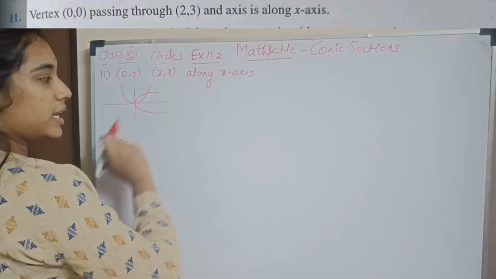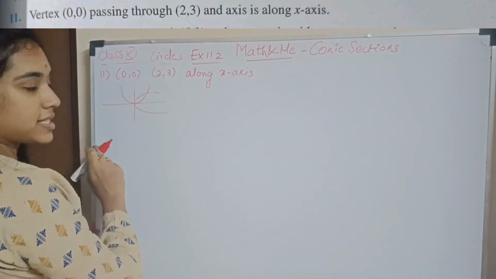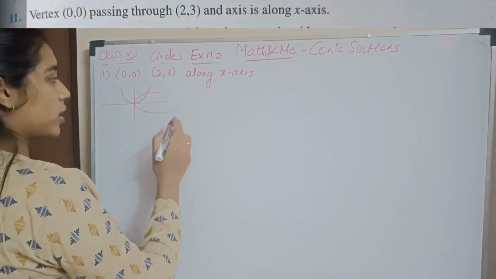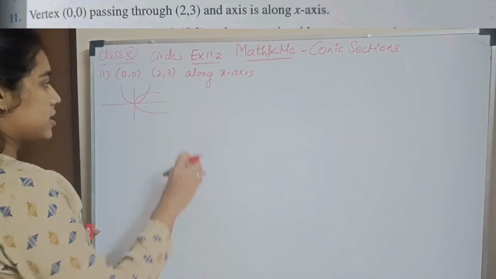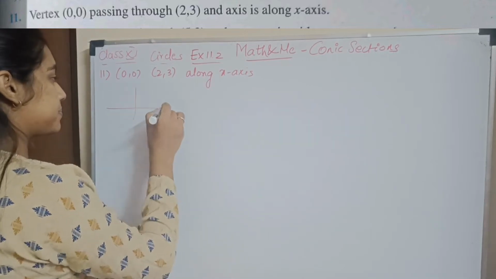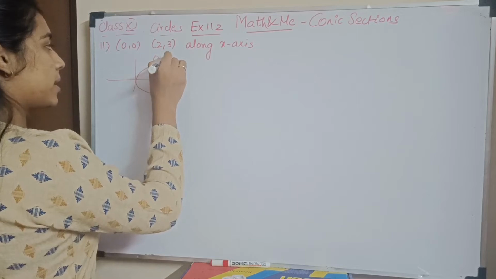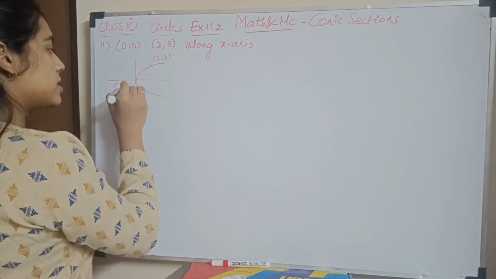It is along the x-axis, so it is this one. This is along the y-axis, so you neglect this parabola and you are left with this. So what does your diagram look like? It looks like this. So it passes through the point 2 comma 3 and the vertex is at 0 comma 0.